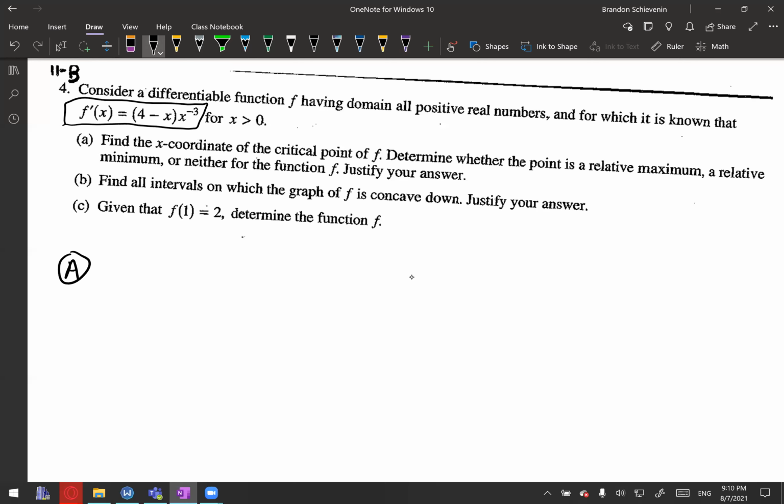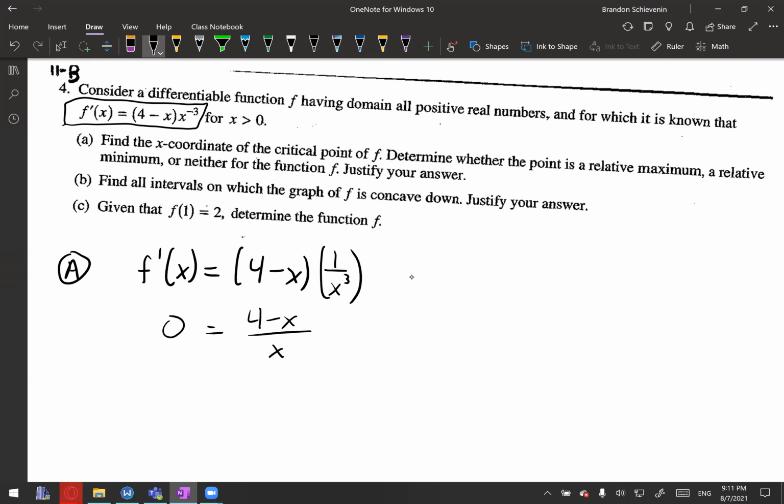So I'm going to set this derivative equal to 0 and we'll solve for x. Given f prime x is 4 minus x times x to the -3rd power, or 1 over x cubed, 0 should be equal to 4 minus x over x cubed.